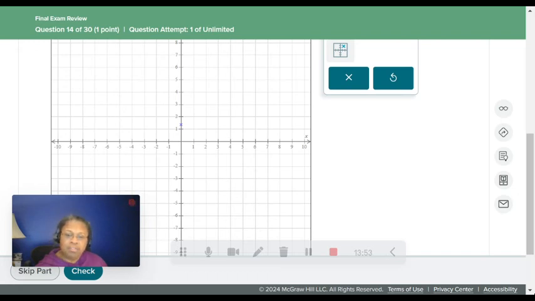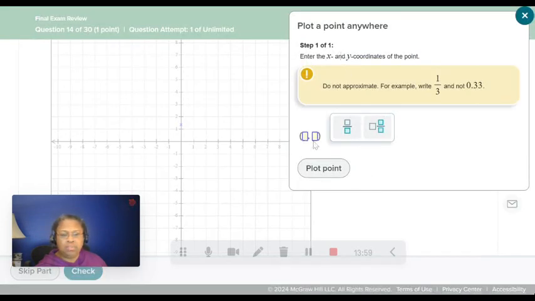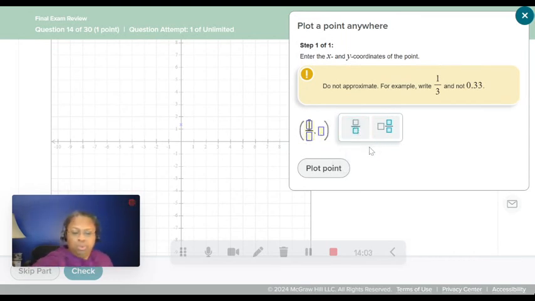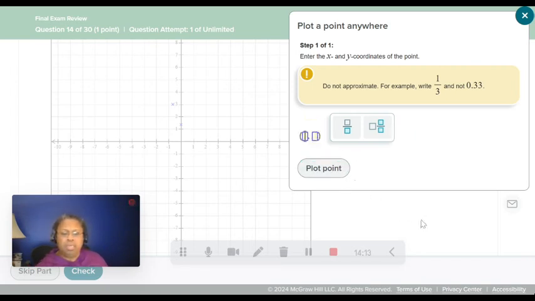And then to the right 3. So let's do a plot a point again and do -2/3 and then +3. This should be interesting. I put them in backwards.